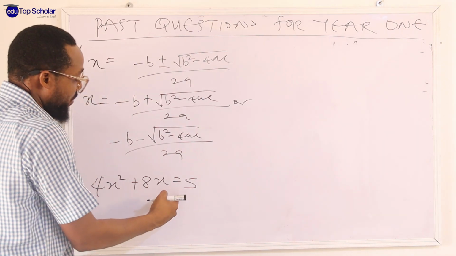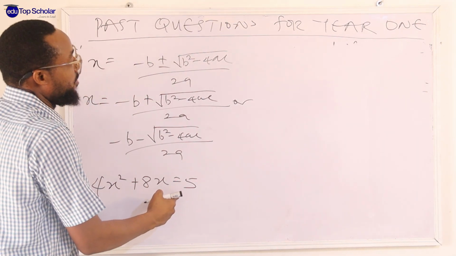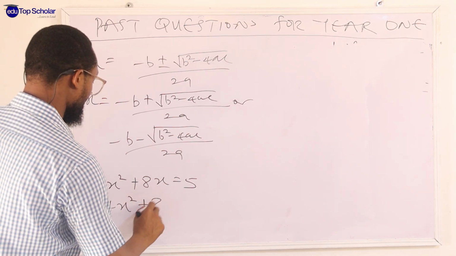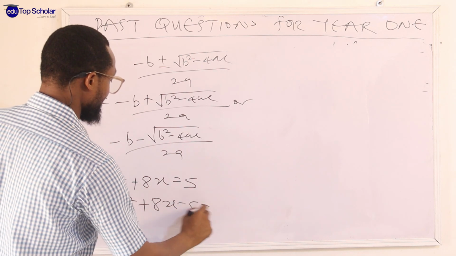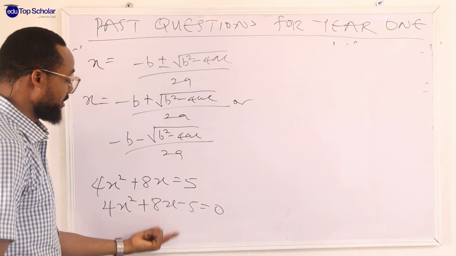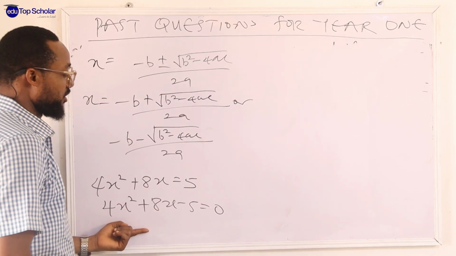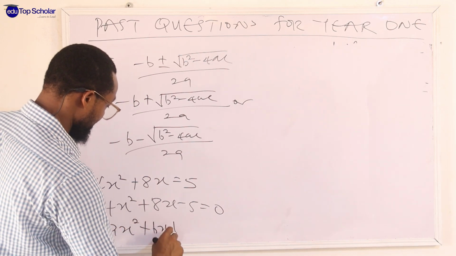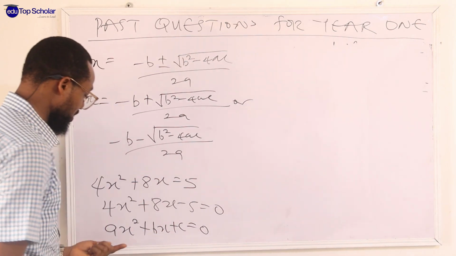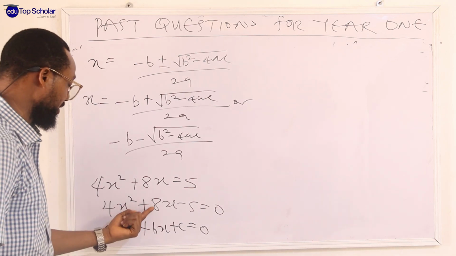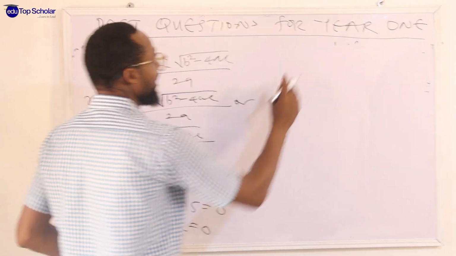When we compare this one to the given general form of quadratic equation, I can write this as 4x squared plus 8x minus 5 equals to 0. I've not changed anything, it's just the same. By the time we compare this with ax squared plus bx plus c equals to 0, we discover that our a here will be 4, our b will be 8, and our c will be minus 5.